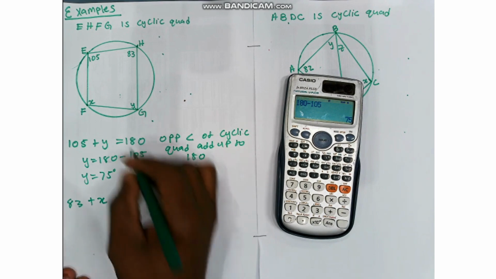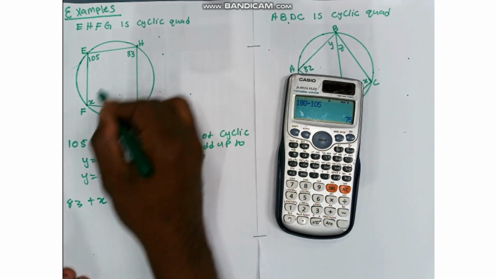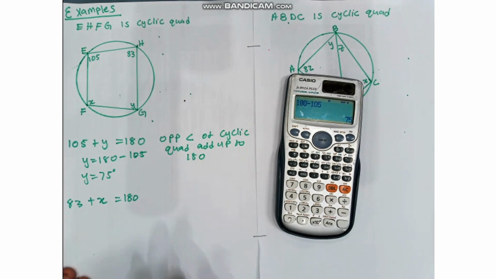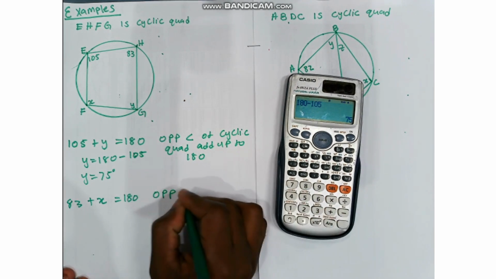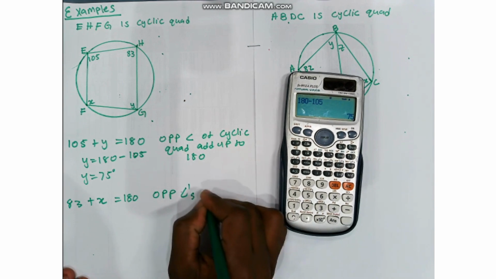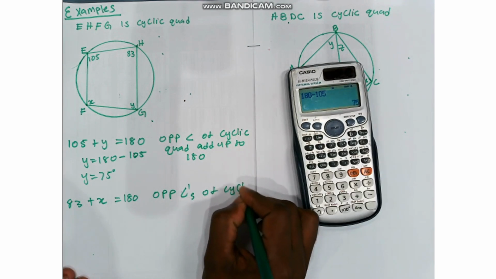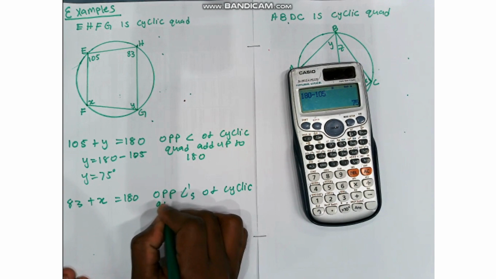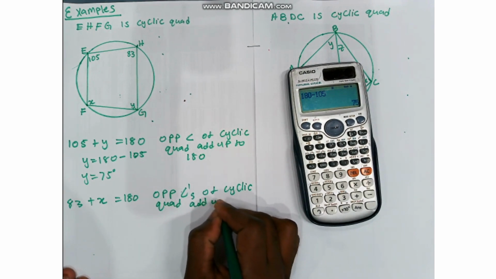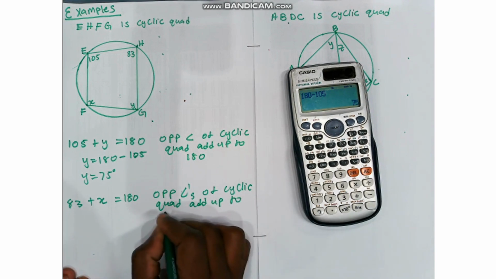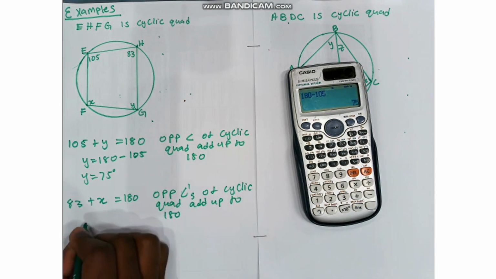It's 180. Two opposite angles of a cyclic quad add up to 180.